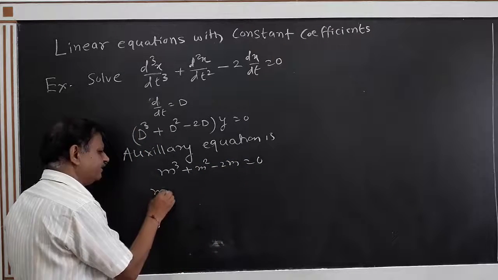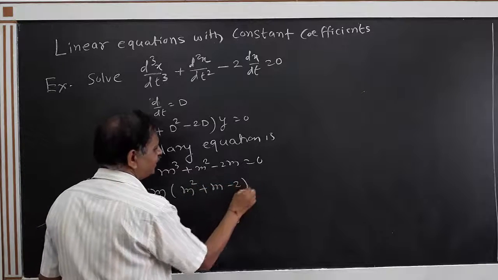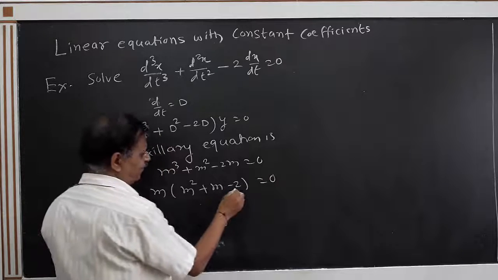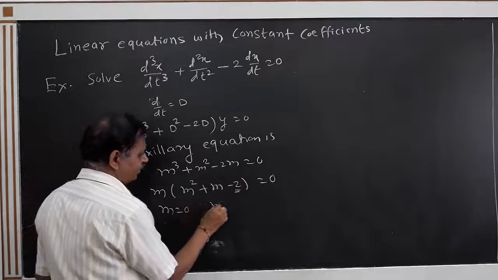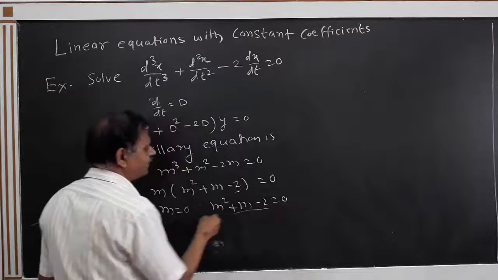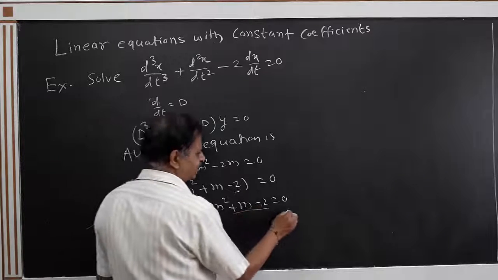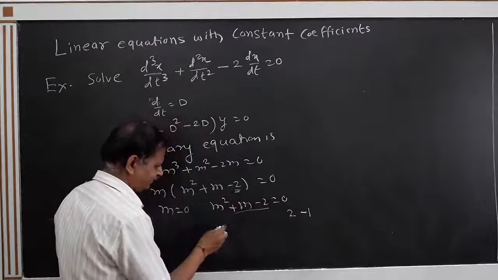We can take m common: m (m square plus m minus 2) equal to 0. Therefore m equal to 0, or m square plus m minus 2 equal to 0. For solving this equation, 2 can be factorized as 2 into 1, so that 2 minus 1 equal to the middle term 1.